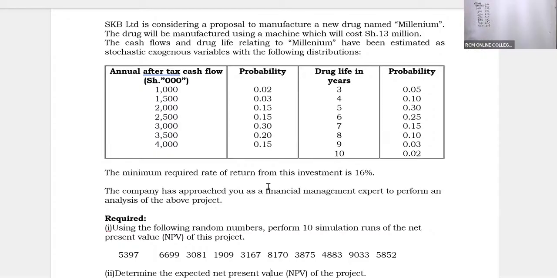So we have our probabilities. You see, I've got two variables there: annual cash flows and drug life.